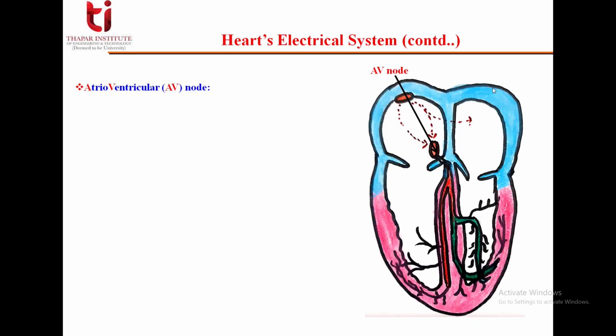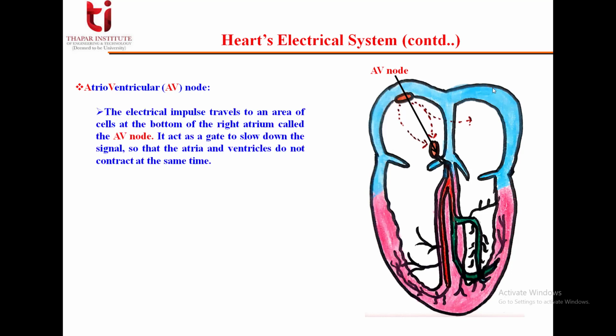Now next is the atrioventricular node, which is generally referred to as the AV node. The electrical impulse travels to an area of cells at the bottom of the right atrium, which is known as the AV node. So the SA node was at the top and the AV node is at the bottom of the right atrium.